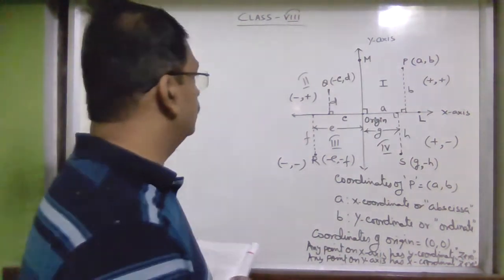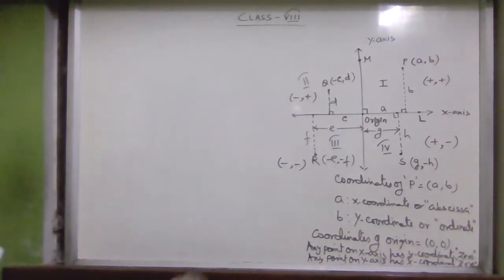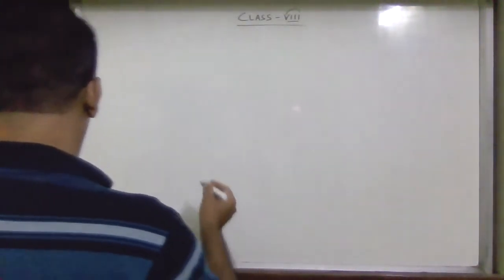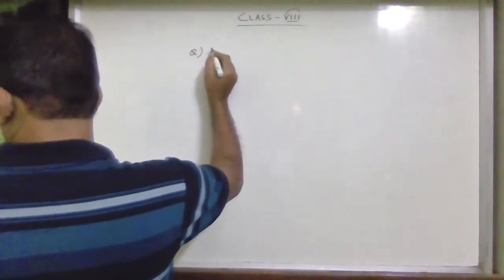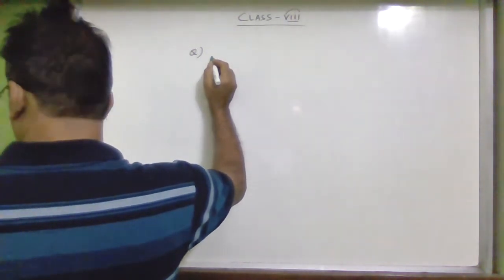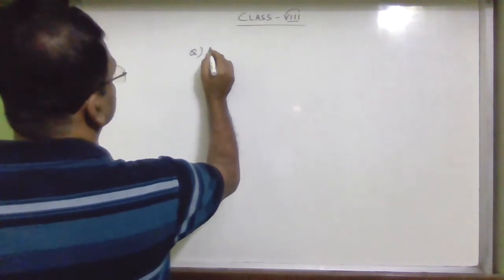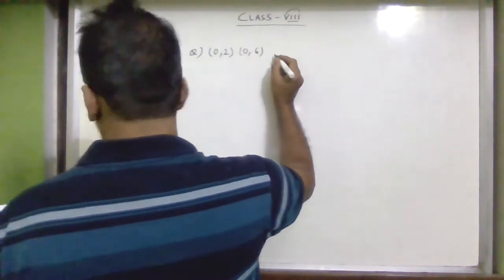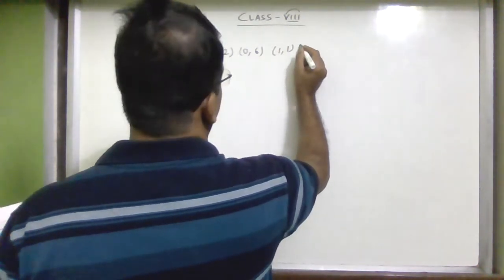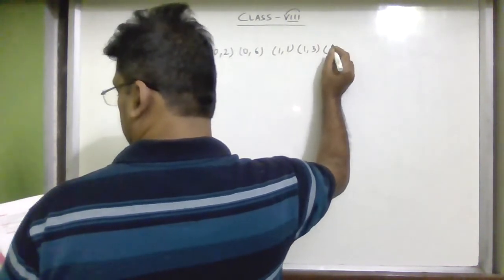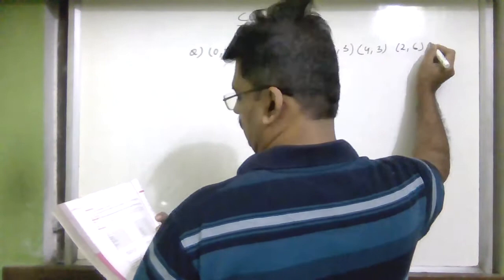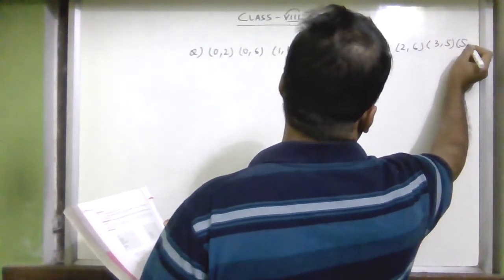Now see, there is a question in which the points that you have to plot are (0,2), (0,6), (1,1), (1,3), (2,3), (4,3), (2,6), (3,5), (5,3).